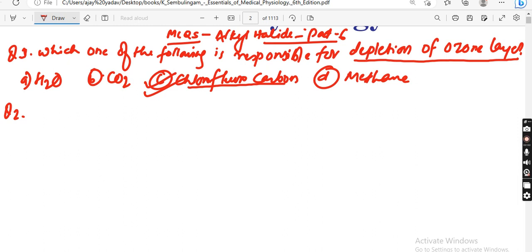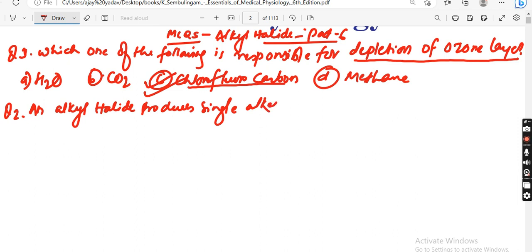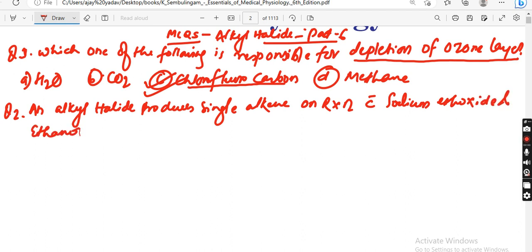Okay, so question number 2. An alkyl halide produces a single alkene on a reaction with sodium ethoxide and ethanol.